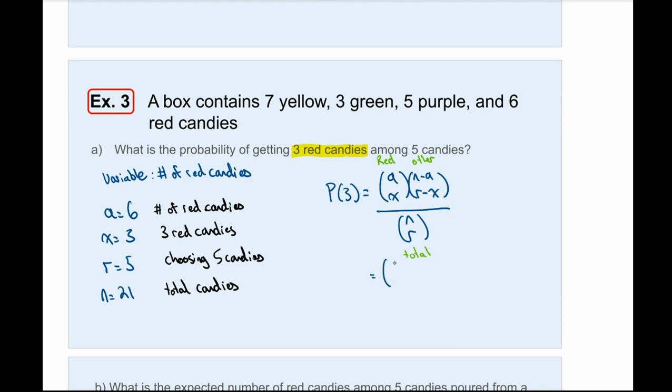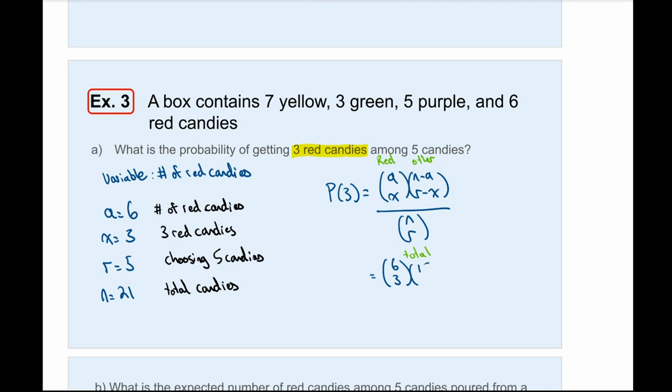So for red candies, I have 6 of them, and I'm choosing 3. Multiplied by the other candies, well, I have 6 red out of 21, so that means there are 15 other candies.